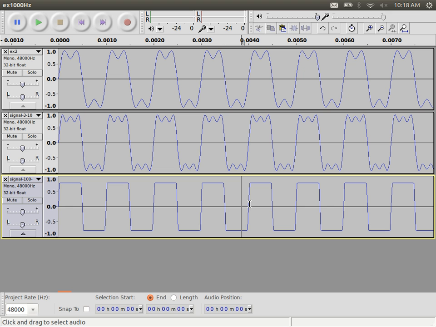Will the sine wave always transfer 1, 0, 1, 0? We don't want to do that always. We want to transmit a different sequence of bits. So how do we do that?